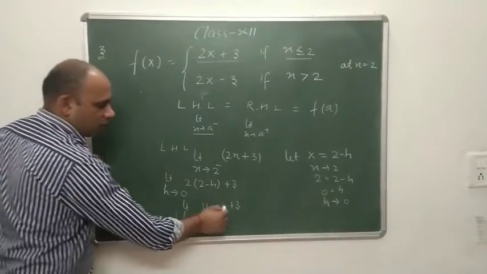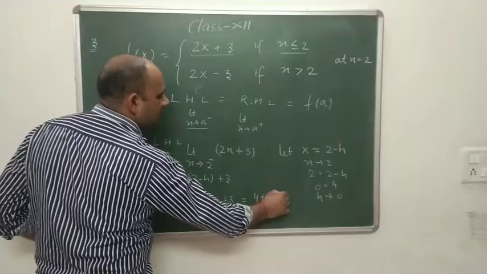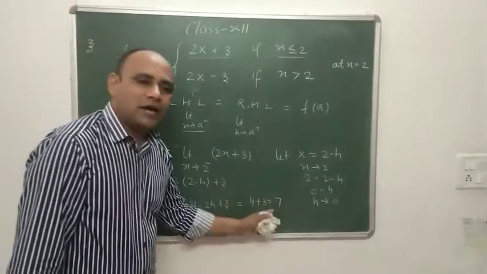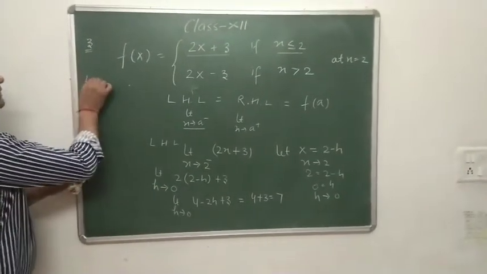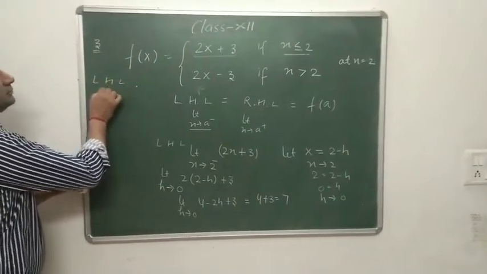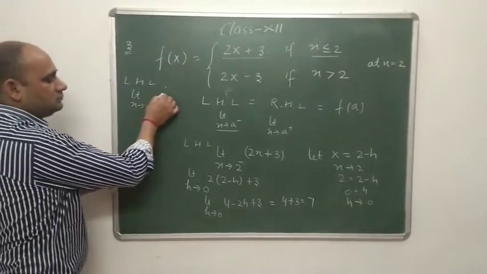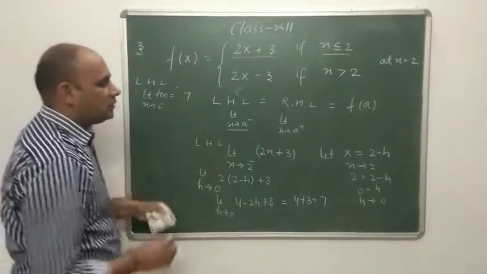If h is 0, then the result is 4 plus 3, that is 7. So it is our left hand limit. Keep in mind our left limit is 7.